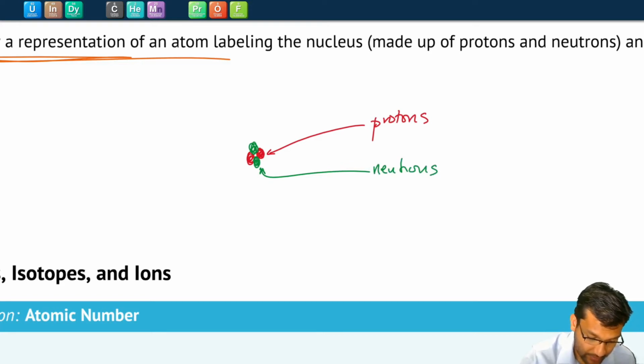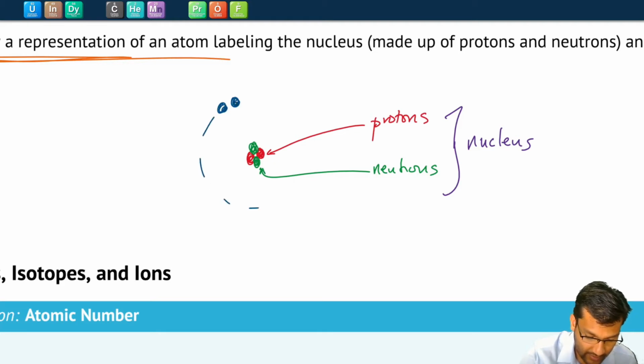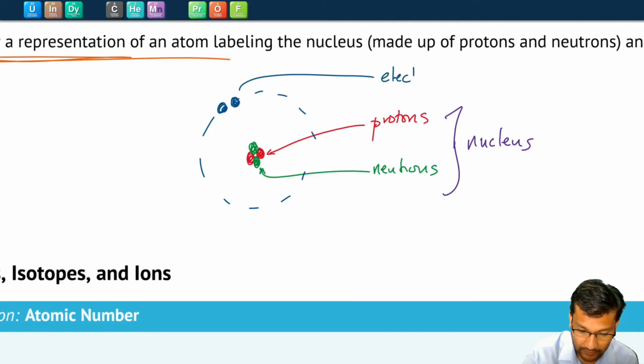Together they make up, let's use purple, the nucleus of the atom. And around the protons and neutrons are the electrons, and I'll just represent it this way. Exactly where they are and how they move we'll learn about in a later chapter.